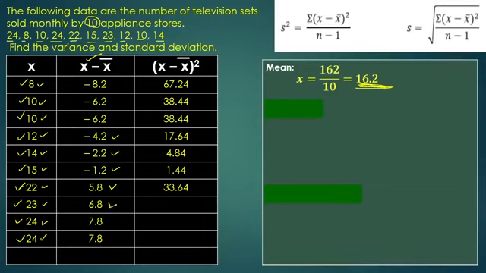What about 6.8 squared? 46.24. And lastly, what is 7.8 squared? There you go, 60.84. What should be next nga atong buhaton?